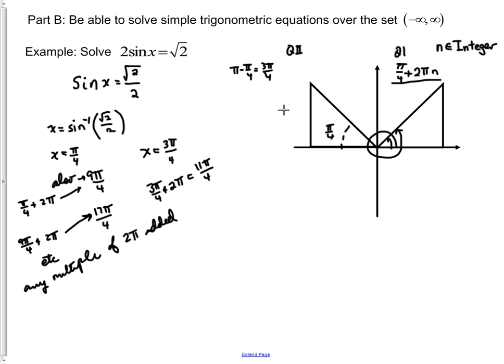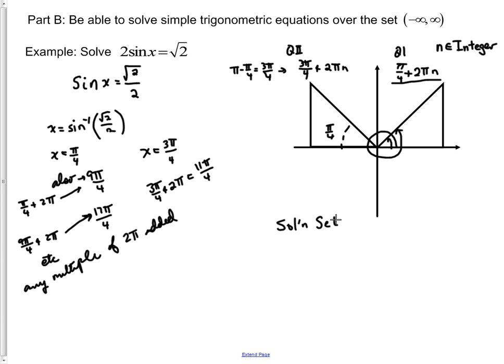So what does that mean? Our answer right here is going to be 3 pi over 4, the basic angle on our interval from 0 to 2 pi, added to 2 pi n. And that's in fact how we're going to state our solution set.